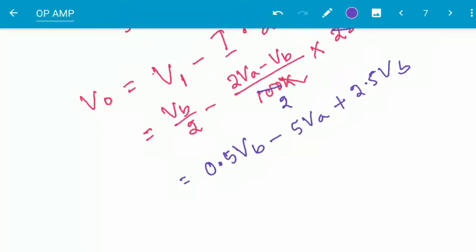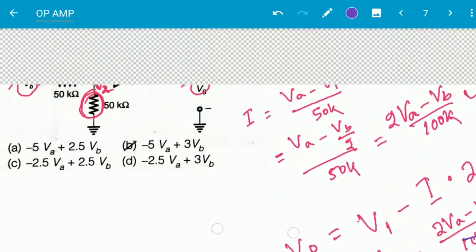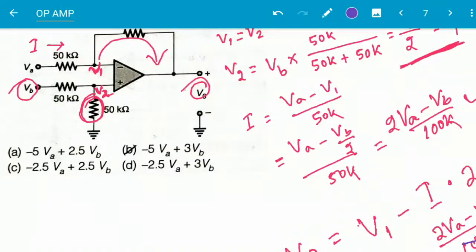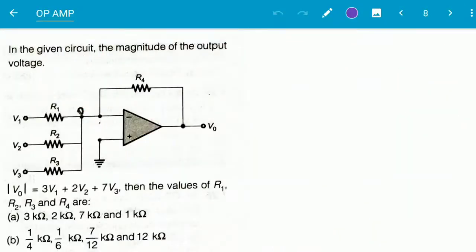Here one VB and another VB make 3 VB, so it is minus 5 VA plus 3 VB. B is the answer.